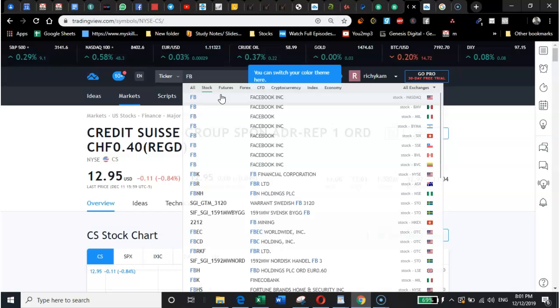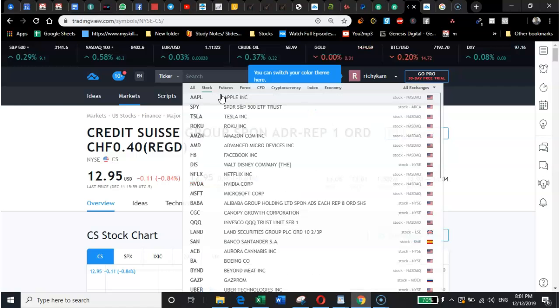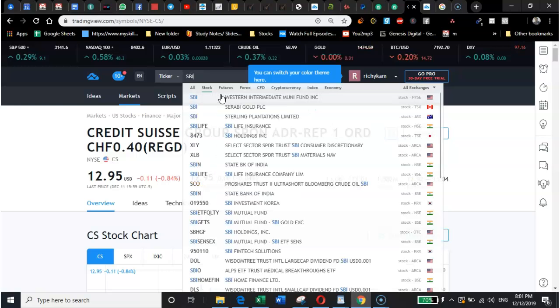And it also works across multiple countries. For example, if I am looking at a stock from India, it actually comes up. All right. So you can use the same platform for multiple products that you have, whether you're trading stocks or futures or cryptocurrencies.